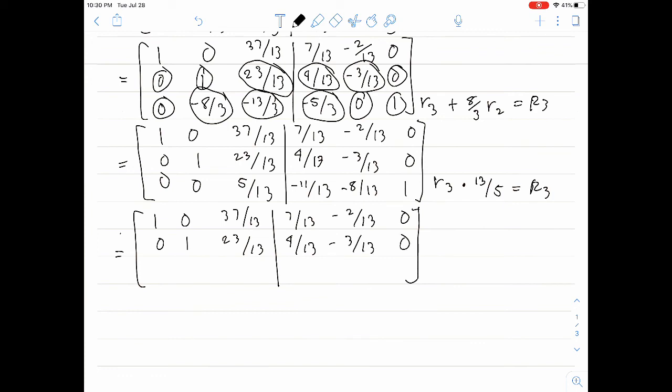Okay? So here we use this formula. We start with the 0, which stays 0. This one becomes 1. Negative 11 over 13 times 13 over 5 is just negative 11 over 5.